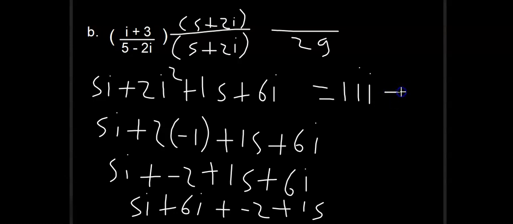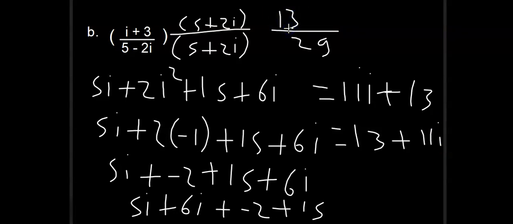Let me switch them, because I want to write it in standard form. In standard form, you write the real part first, and after that the imaginary part. So it will be 13 plus 11i. Okay, now I'm done. So my numerator will be 13 plus 11i.